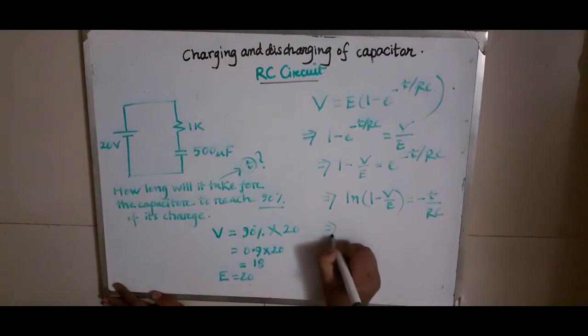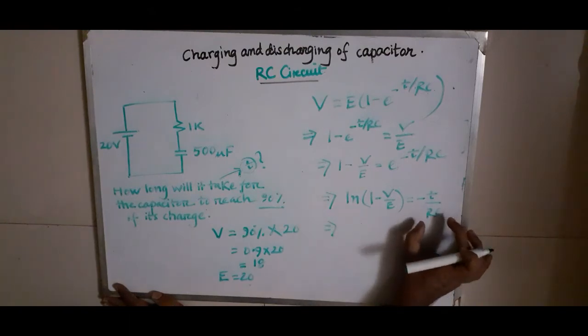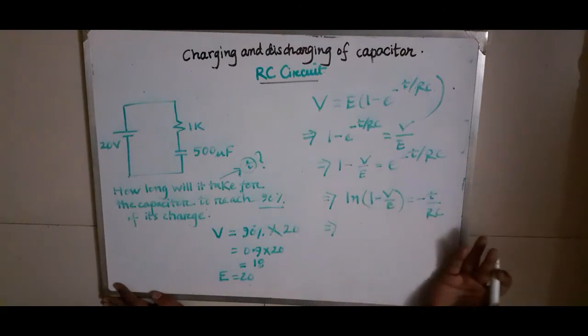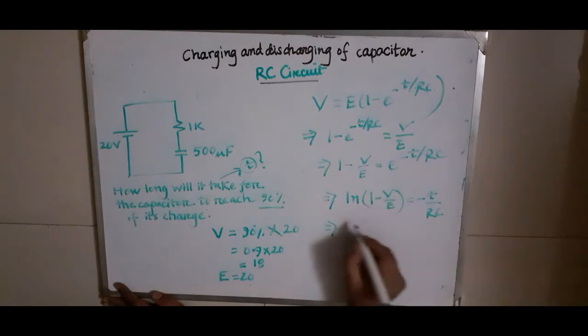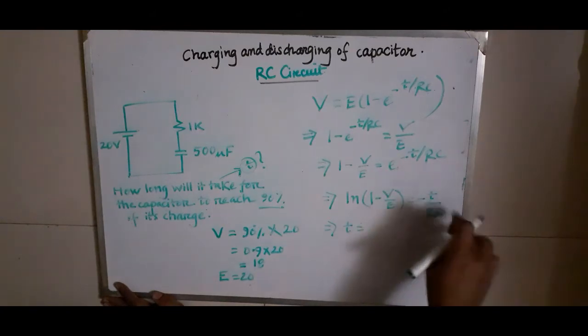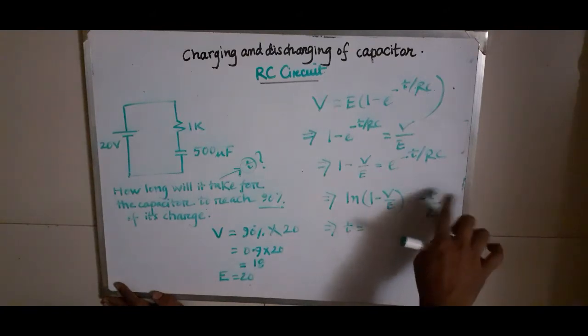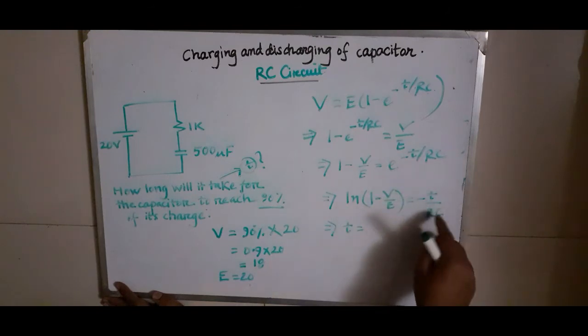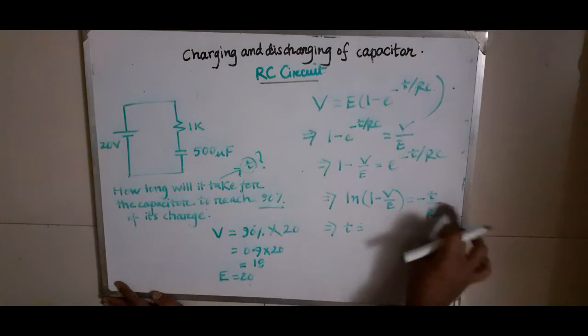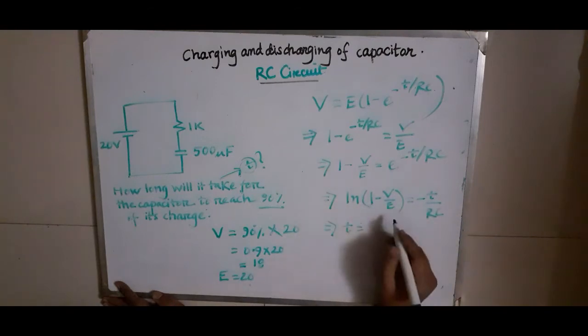Now, leaving t alone on one side, can we write t is equal to RC, which is getting divided by t? If we change the side, it will be multiplied with this value.